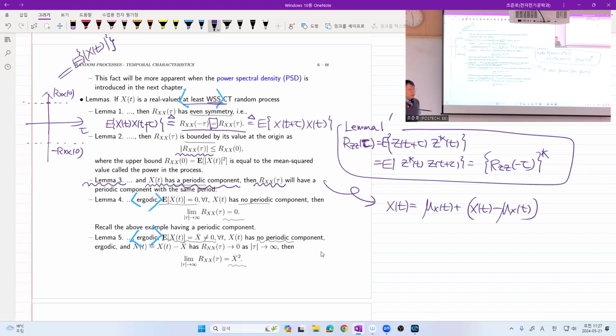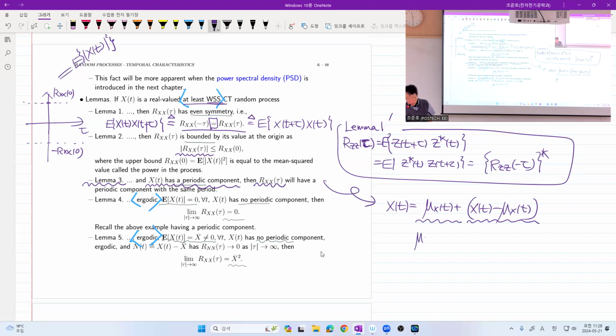First, let's add and subtract the mean part, and then group X minus the mean part as one, and you have one deterministic function that could be the zero function for all t or not.